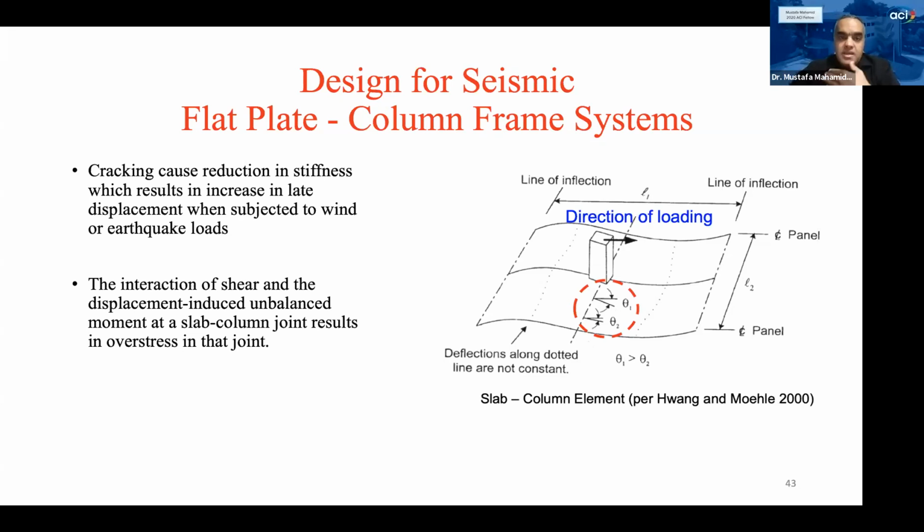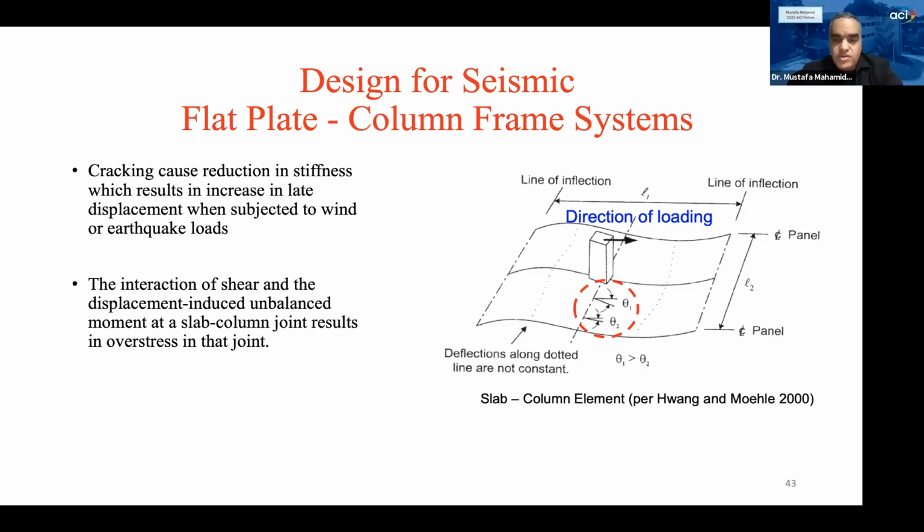As a result of this reversal loading and bending, cracks will develop in the concrete. When the cracks develop, the stiffness of the slab will be reduced, and that will increase the drift over time during the cyclic events, and we will have unbalanced moment introduced in addition to the direct shears.